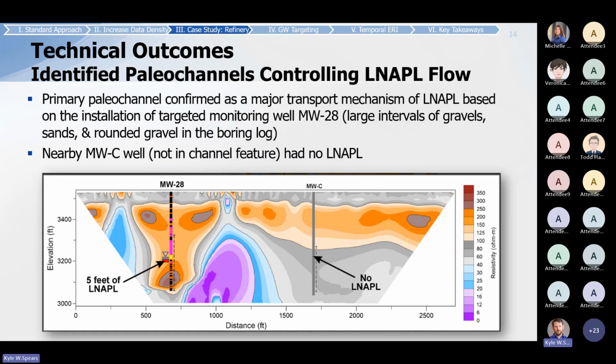So here, once we start getting results back, we see features like this right here. This is our best shot from that data set where we can just see we have a lot of paleo channel structures, but this one was the most clear cut, and it had this big, strong resistive signal down at the bottom, which once they drilled into, that did turn out to be NAPL, a well filled up with 5 feet of NAPL, I think in like a day's time frame versus weeks or months in the other wells.